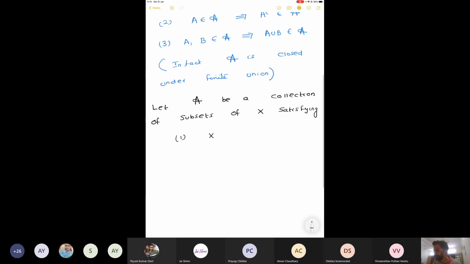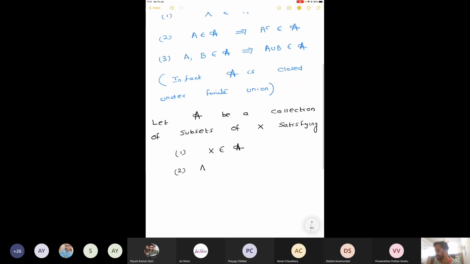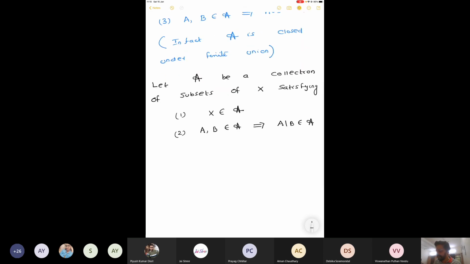X is in A, or you can say null set is in A, as in the definition of algebra or sigma algebra. And if A and B are in A, that implies the difference A minus B is in A. And what is demanded? To show that A is an algebra.